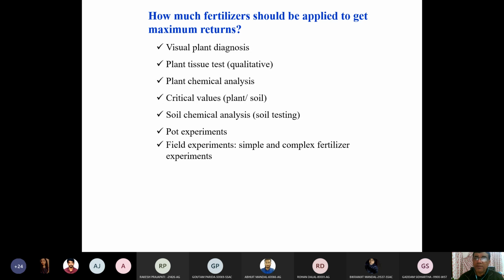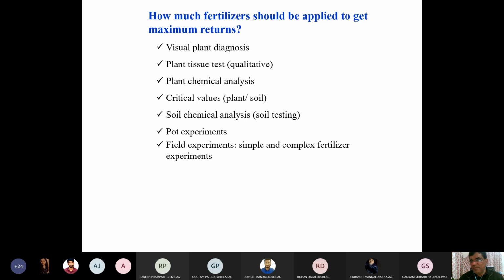For example, in case of iron deficiency, we crush the tissues, make a paste, and put in some extractant solution, and that will develop some color. If the color is light red, then there may be iron deficiency.